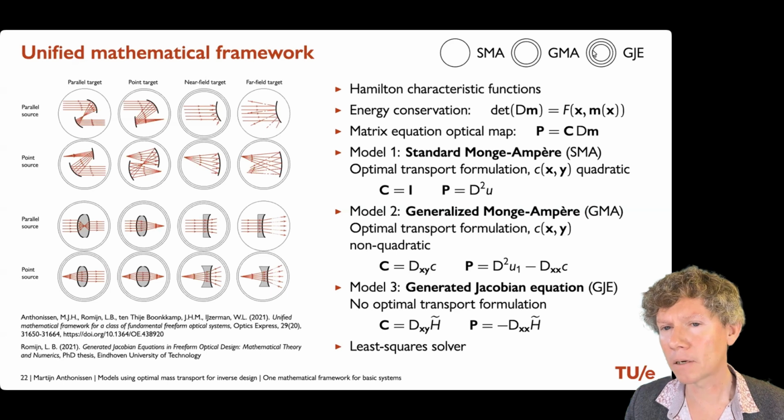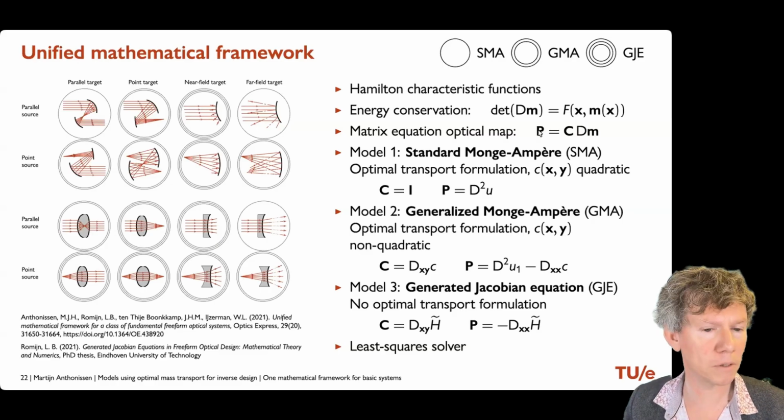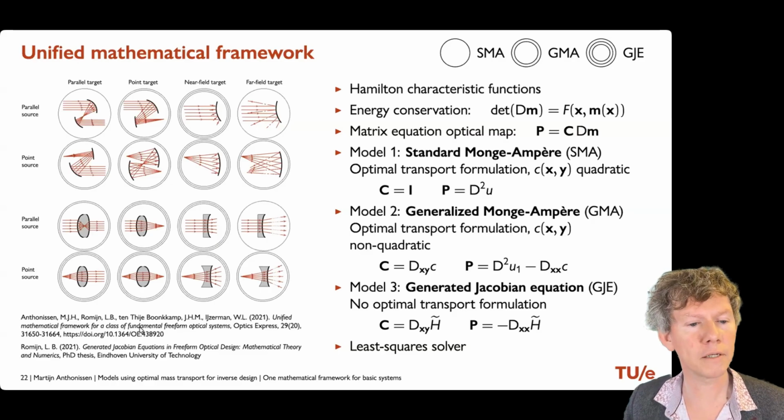The mathematical model is very similar. I can always write it in this way. Equation, the C and P depend on the model. And we have written that in this paper in Optics Express, and also Lotte's PhD thesis is a very nice overview of how this all works.